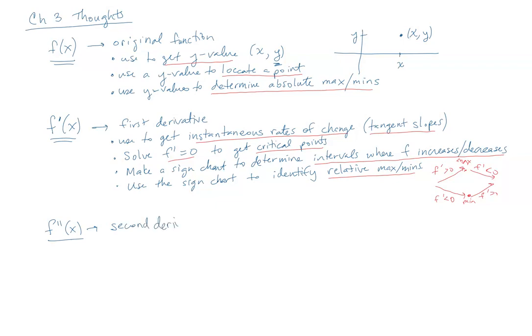All right. Then we go on to our second derivative, f double prime of x. And that's as far as we go in this class with determining information from these derivatives. And the main use of the second derivative is to determine concavity. So we'll use the second derivative to determine intervals where f is concave up and or down. And when we solve the second derivative equal to 0, we get hypercritical values.